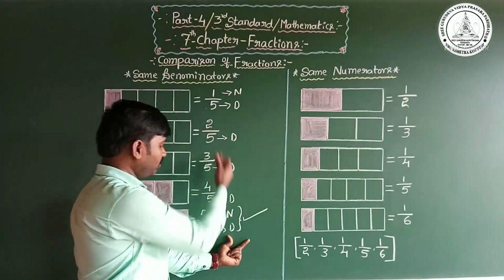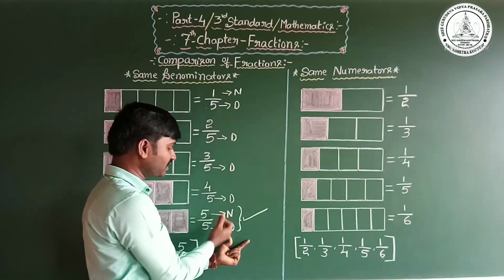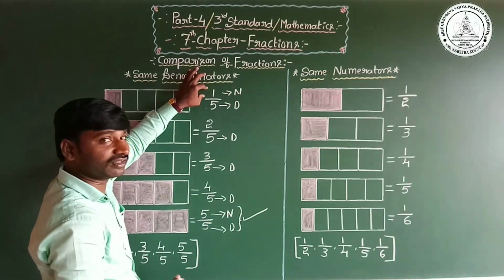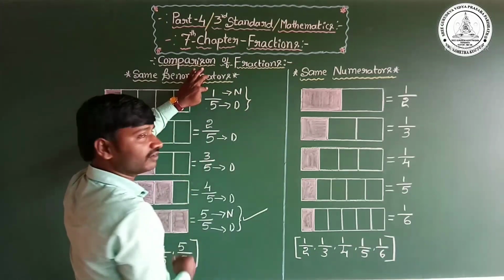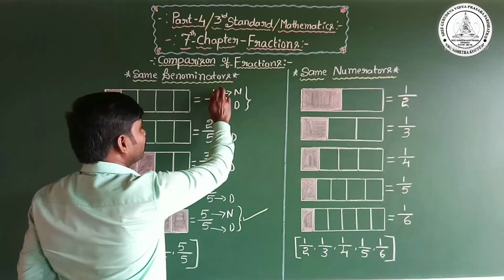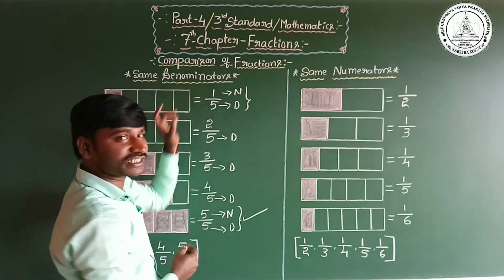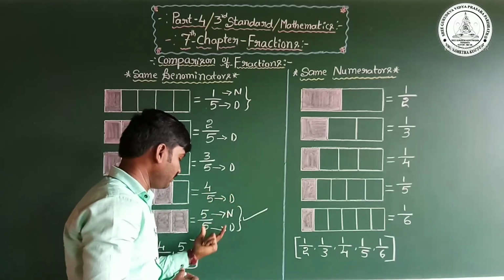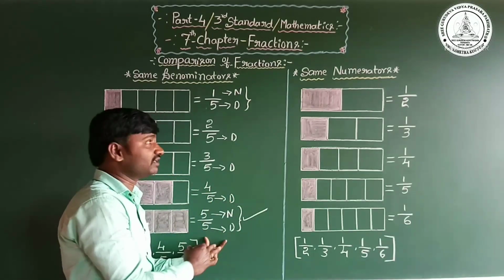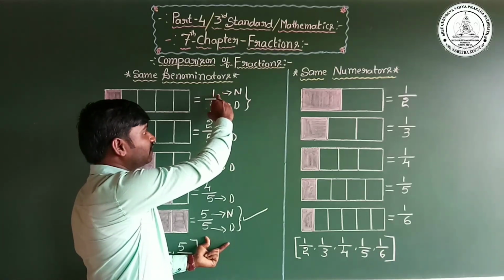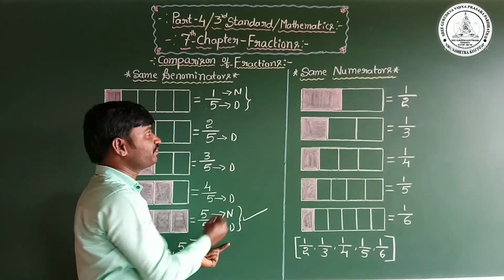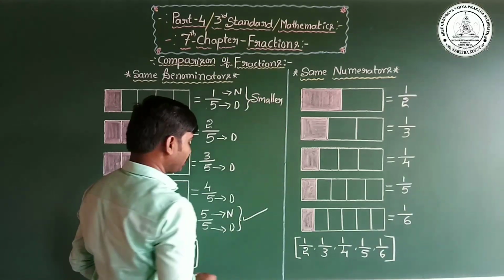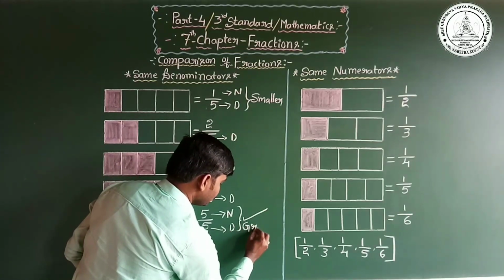Next, which is the smaller fraction? When the denominators are the same, the fraction with the smaller numerator is smaller. Which is the smaller numerator? This is 1. Compare with the other numbers: 1 is the smallest. So this is the smaller fraction, and this is the greater fraction.